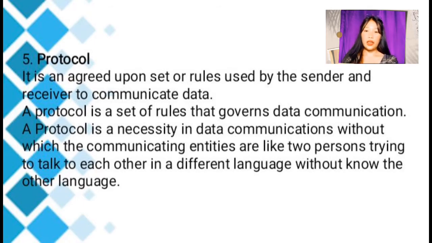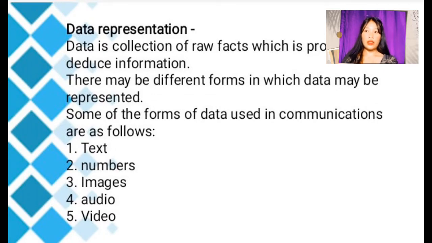Data representation. Data is a collection of raw facts which is processed to produce information. There may be different forms in which data may be represented. Some of the forms of data used in communication are the following. Number 1, text. Text includes combination of alphabets in small case as well as uppercase.